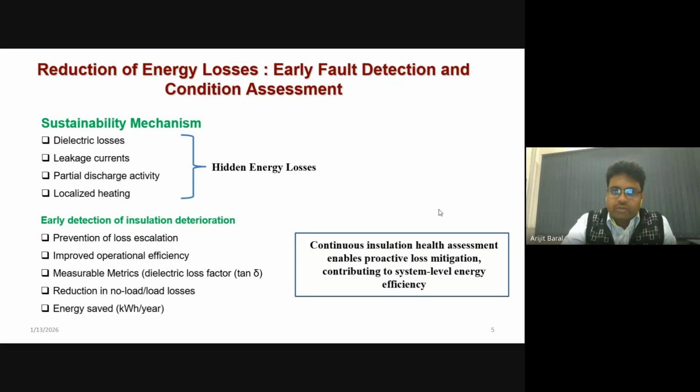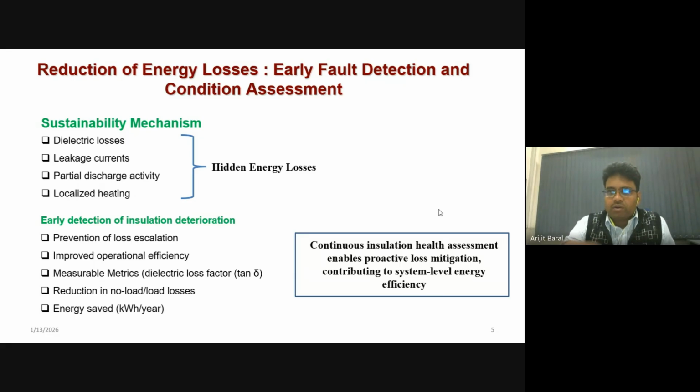The leakage current is going to increase, the partial discharge activity is going to intensify, and so on. So if these hidden energy losses can be detected earlier during operation, and we take the necessary steps to reduce them, we can make the overall infrastructure more efficient.